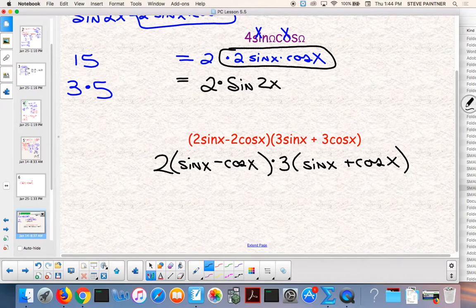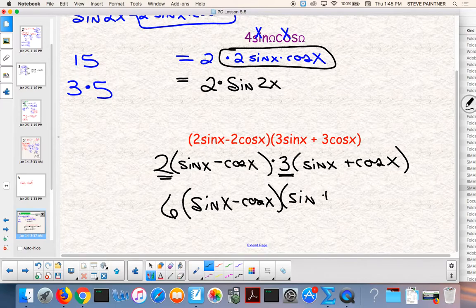Okay. So now I got 4 factors, and the 2 factors that happen to be constants, I'll just multiply them and get what? 6. So it's this minus this times this plus this. Okay?